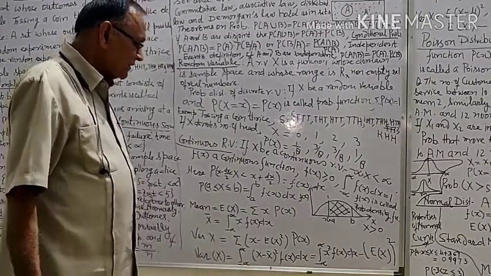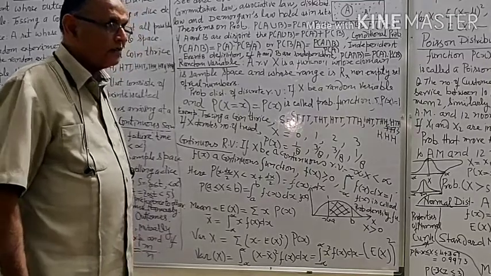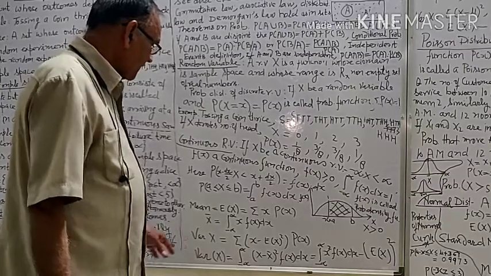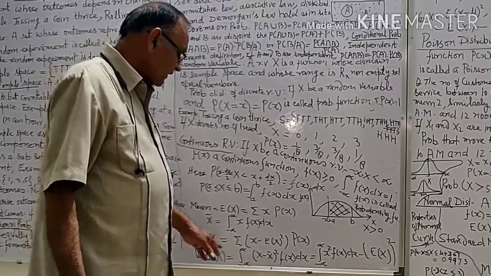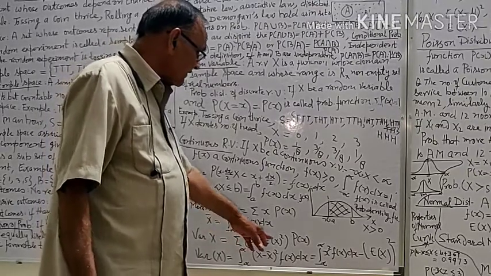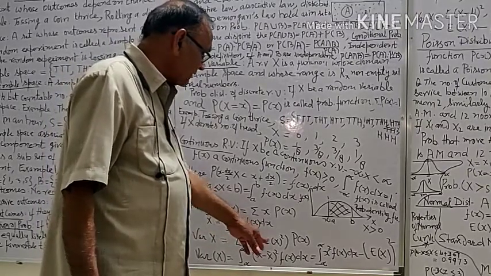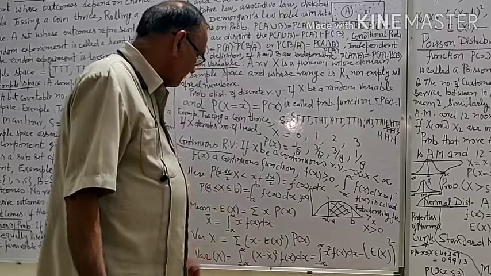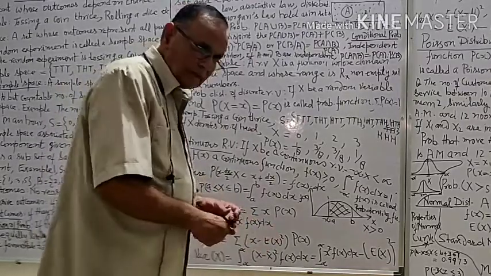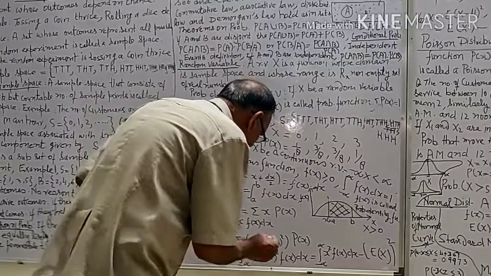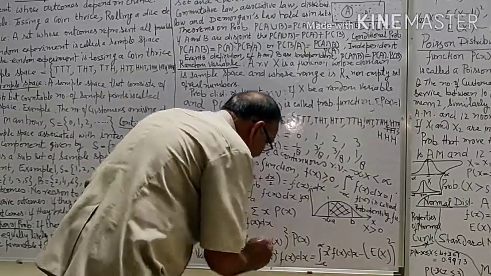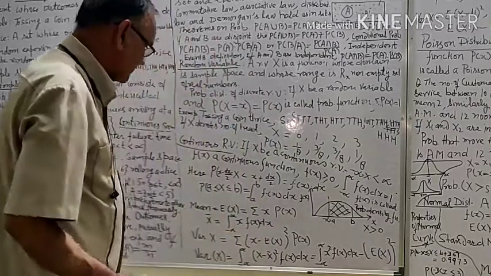So now variance, as you know, variance you have done in frequency distribution also. So in case of discrete random variable, it is summation of x minus ex, Ex is mean or expected value, this x minus ex whole square px.